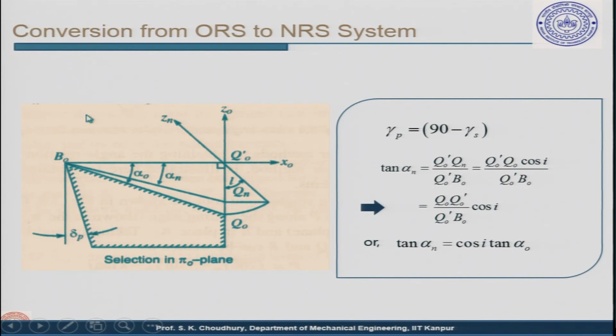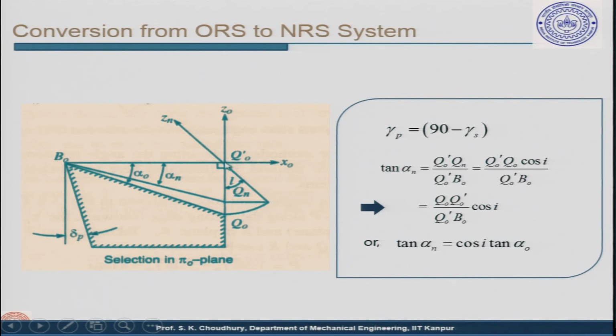All right. Now, in this case you can find these relationships by simple geometry. Gamma p, of course, I told you, is 90 minus the side cutting edge angle. Now, tan of this alpha n is equal to Q0 prime Qn divided by Q0 prime B0.